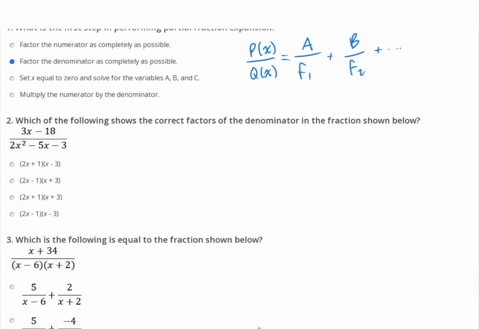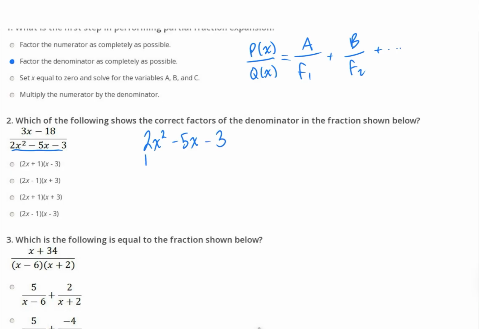Now it asks, which of the following shows the correct factors of the denominator in the fraction shown below? The denominator is 2x squared minus 5x minus 3. We need to factor this, and we will factor using the rainbow method.